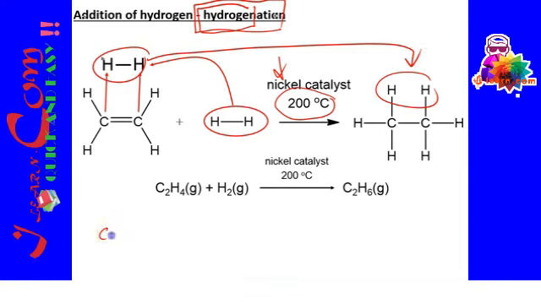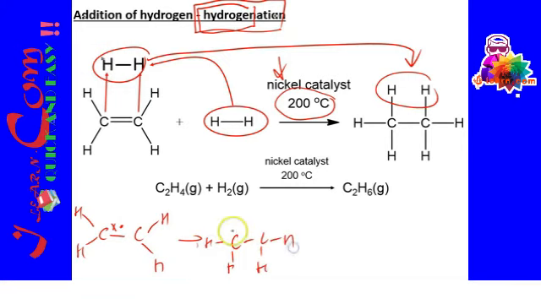If I draw a dot and cross diagram, if I split just one bond, it splits open like that. And when the hydrogen comes along, the bond forms between the H and the C. This is across the double bond.